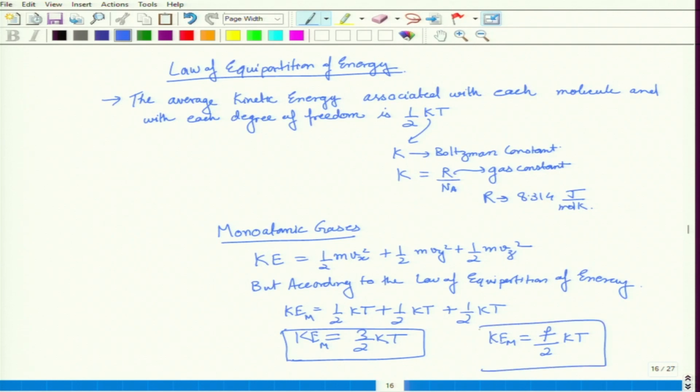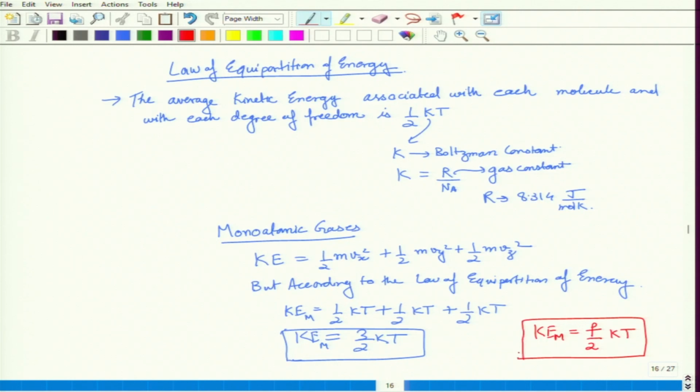So this is F by 2 kT, the kinetic energy of one molecule, for any gas which has F degrees of freedom.